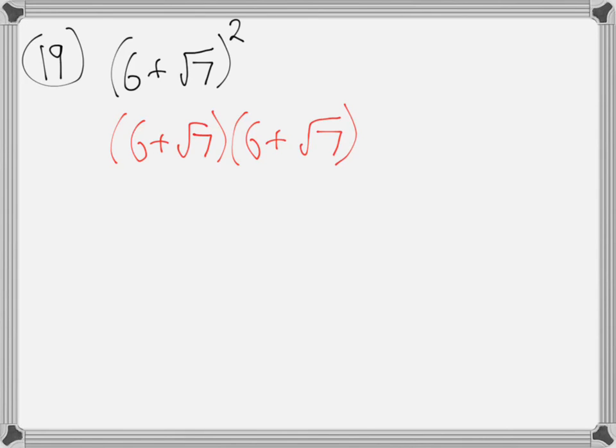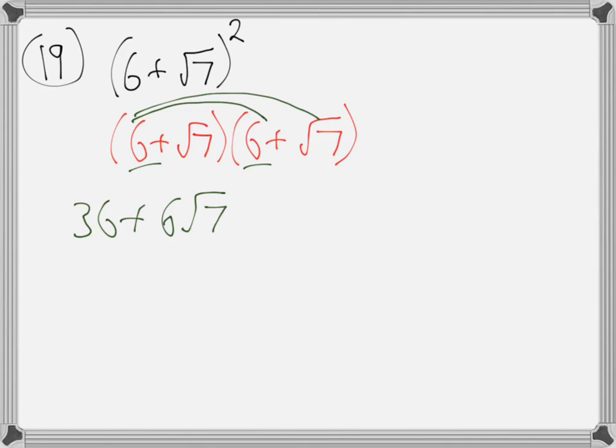All right. So this 6 will go to both. So 6 times 6, 36, plus 6 root 7. That makes sense. That 6 stays outside the root 7. Because outsiders stay outside, insiders stay inside. Right? So he's done.